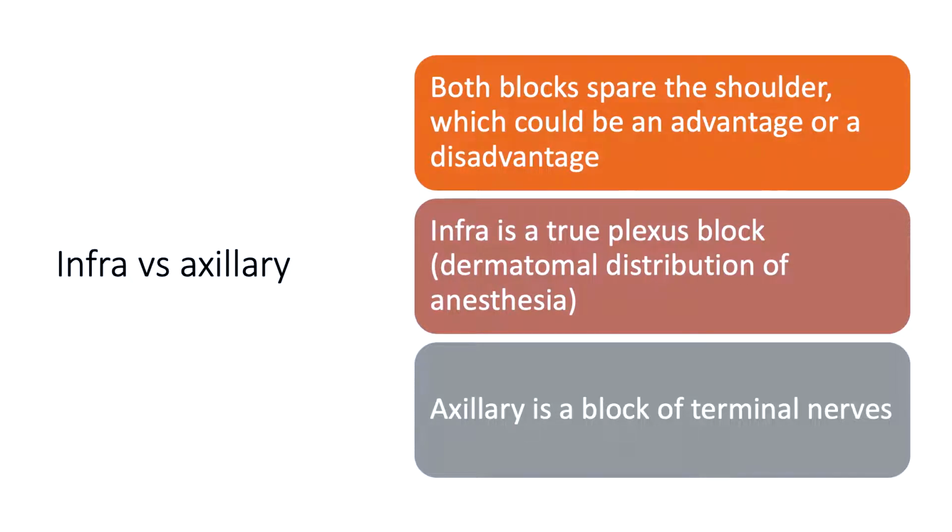Now, in general, as you move the injection point from central to the periphery, the block is going to last less and less. Although it's very tempting in analgesia to single out a nerve, for instance, a patient has an isolated finger injury and is in pain and you want to do a pain block, it could be tempting to do just that particular nerve. You could do it as a temporizing measure.